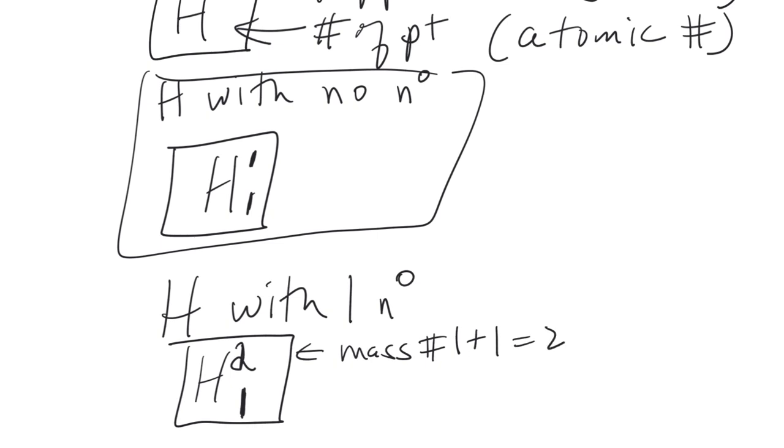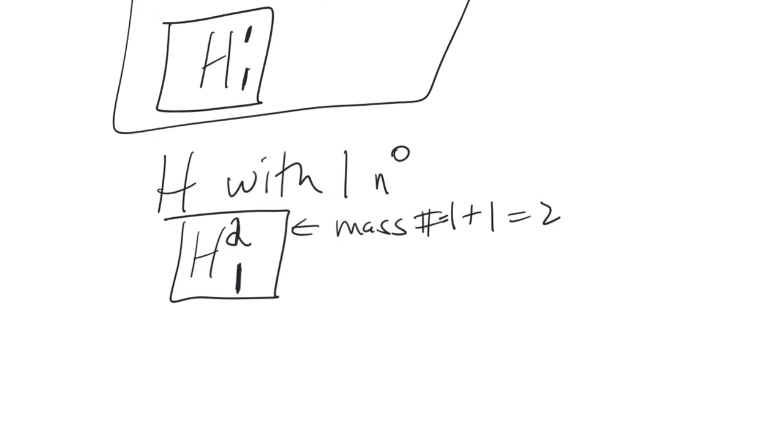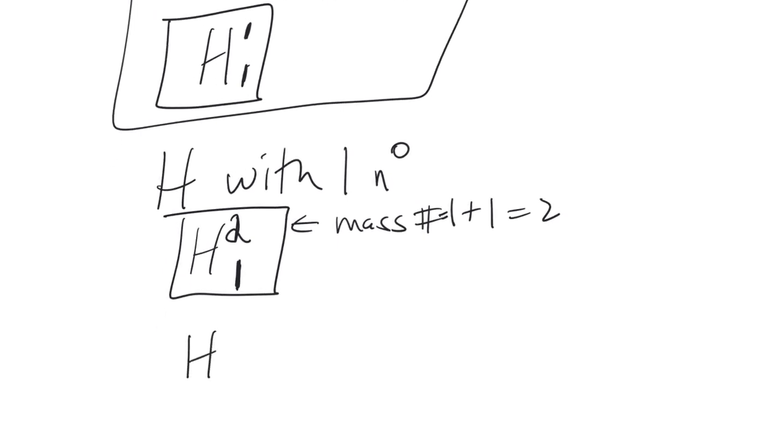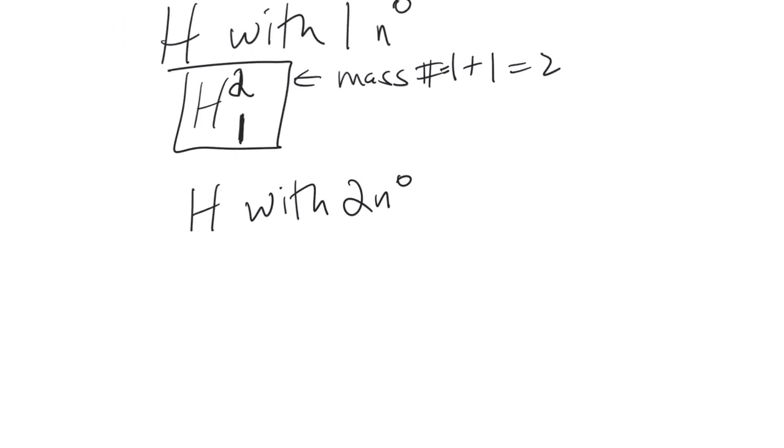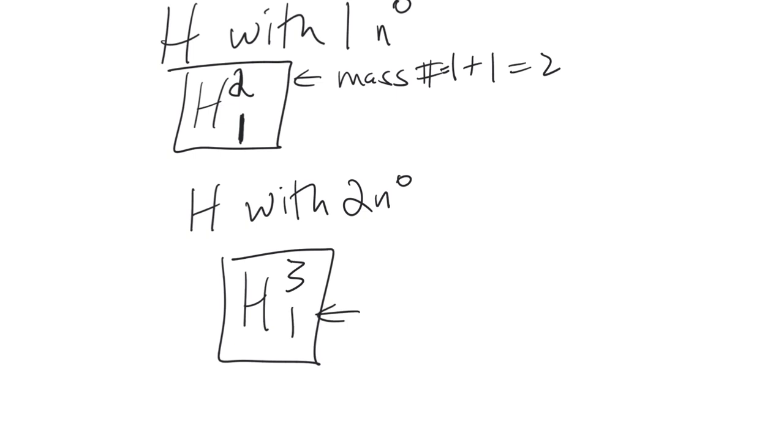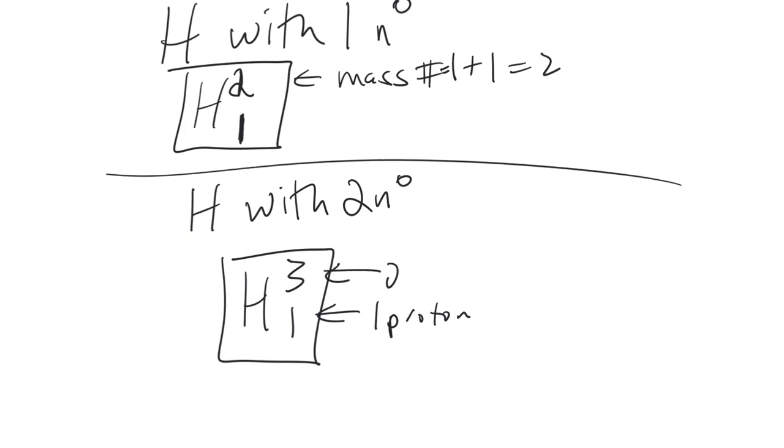Okay? And then we also have hydrogen with 2 neutrons in the nucleus, and that would be H-3, 1. There's 1 proton, then there's 2 neutrons plus 1 proton makes 3.